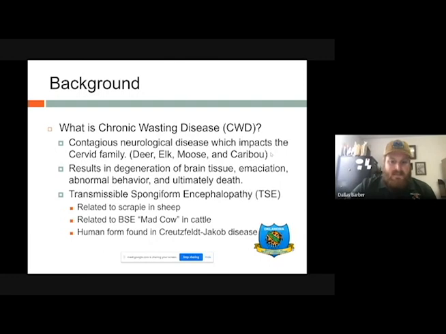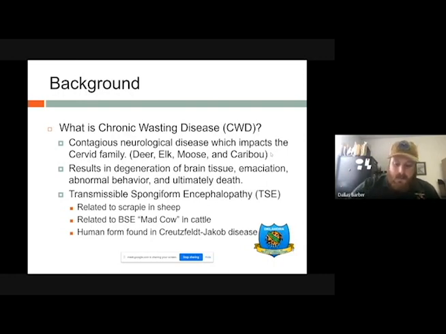This is a member of the TSE family, or transmissible spongiform encephalopathy family of diseases. Transmissible meaning it can be passed from animal to animal. Spongiform meaning that it causes holes, referring to the holes it causes in the brain. And encephalopathy means anything that impacts the brain.